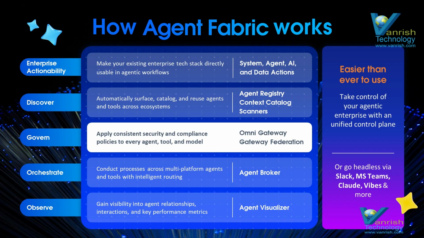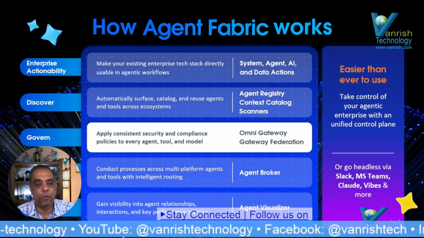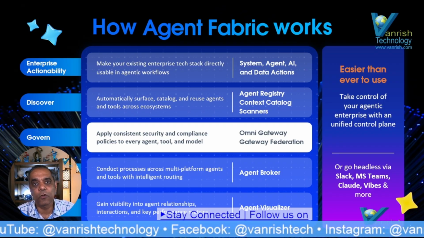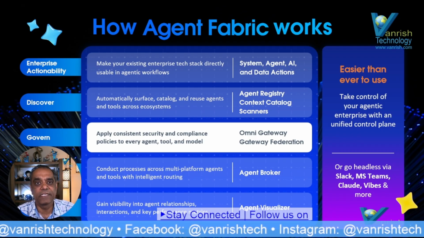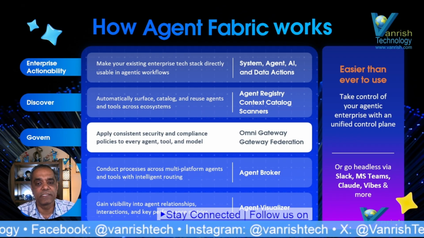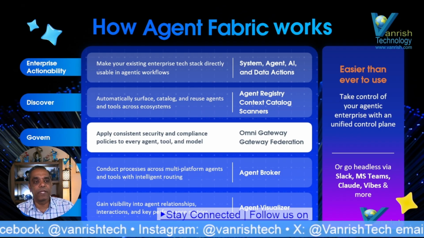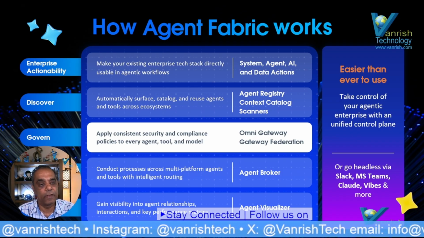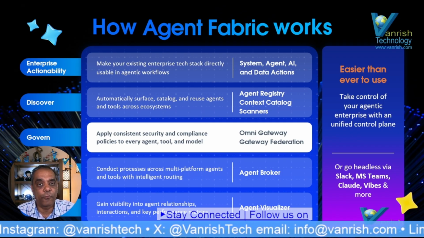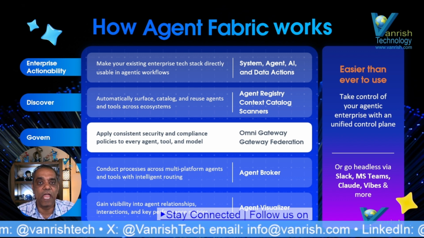Governance is controlled through the Omni Gateway, where you can control your agent network or Agent Fabric: how different agents are connecting, how rate limiting is applied, and how governance is happening within it. That's where the Omni Gateway plays a key role, controlling the whole AI agent lifecycle.